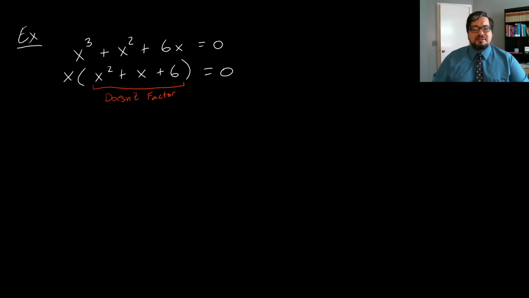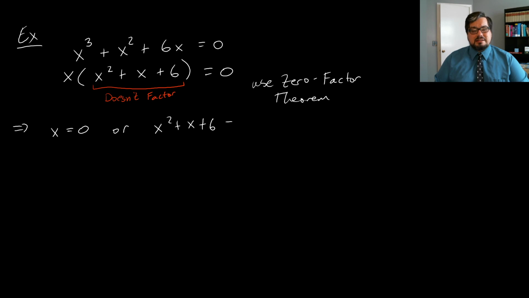So that means that we use the zero factor theorem now. We factor as far as we can, then we use the zero factor theorem. This means that x equals 0, or x squared plus x plus 6 equals 0.